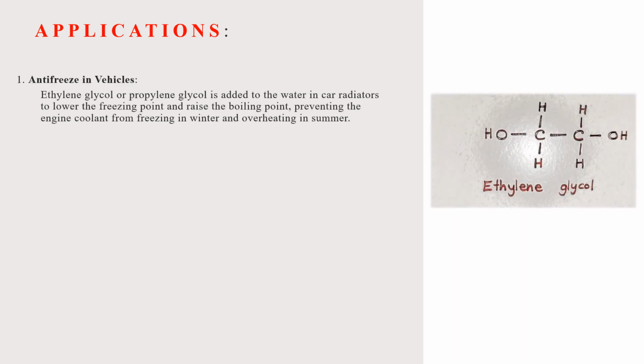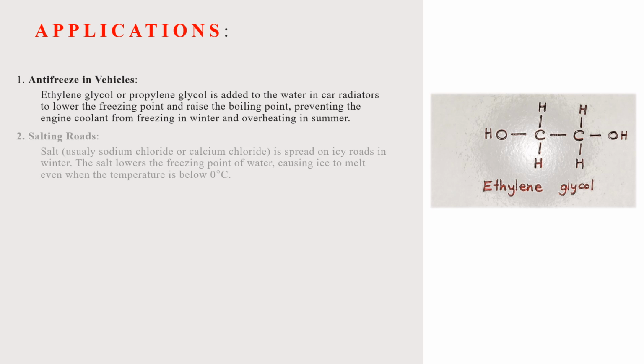What are the applications of colligative properties? Ethylene glycol or propylene glycol is added to water in car radiators to lower the freezing point and raise the boiling point. Salting roads: salts, usually sodium chloride and calcium chloride, are spread on icy roads in winter.